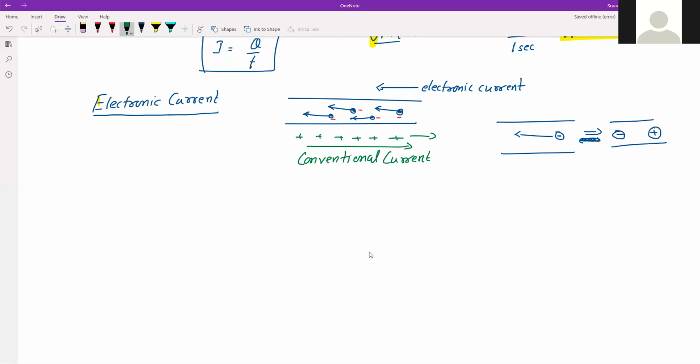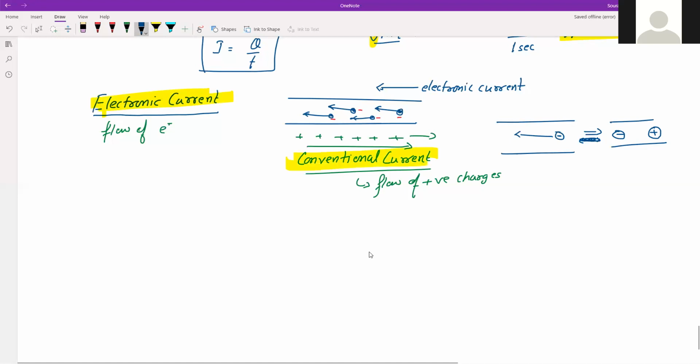So electronic current is flow of electrons, and conventional current is flow of positive charges. It is not like proton is moving. Because negative charge is moving in a direction, positive charge will flow in the opposite direction. So that's what we mean by electronic current and conventional current.